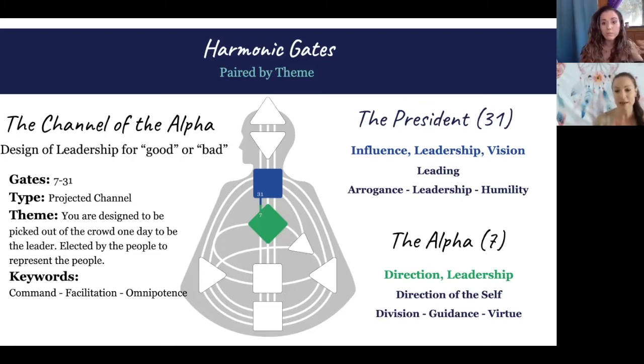So for me, it really shows us in that sandwich of 33, 31, 33, and 7, the leader needs time to retreat. If you're always having that sun on your face and a microphone in front of your mouth, it's going to be too stressful, and you might miss the true direction, the true leadership.